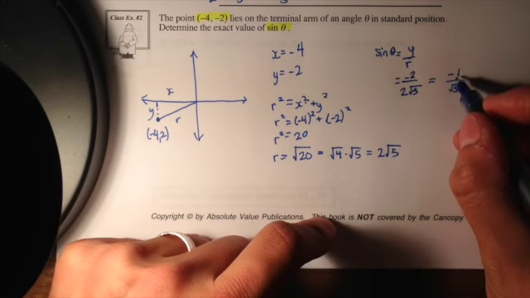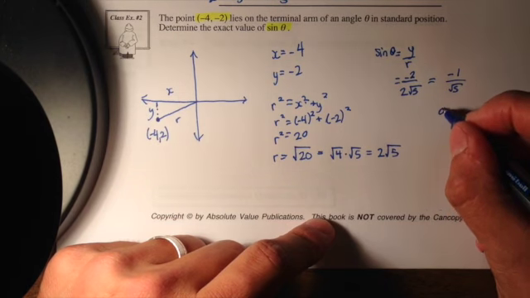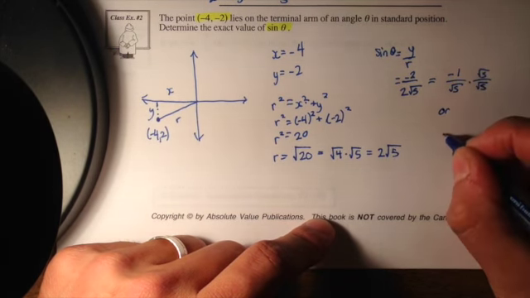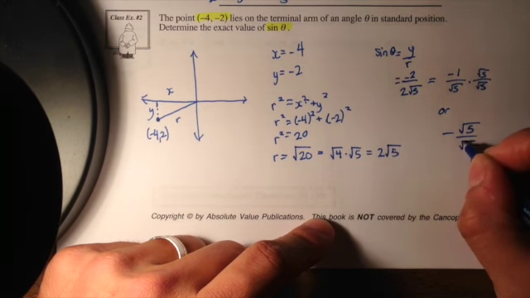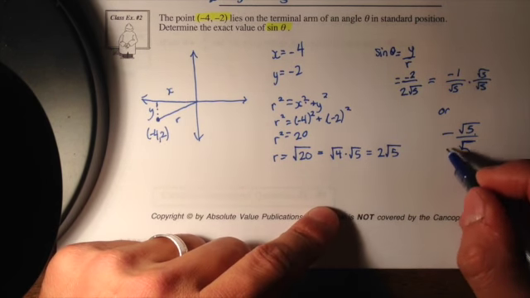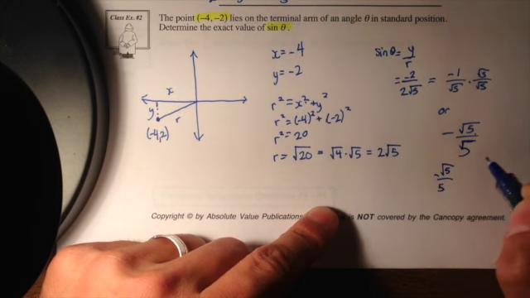And so I'm left with -1 over rad 5, and if I rationalize this, I'll be left with -5 over 5. Let me write this better. This will be -5 over 5.